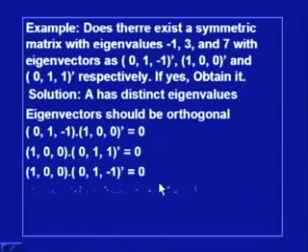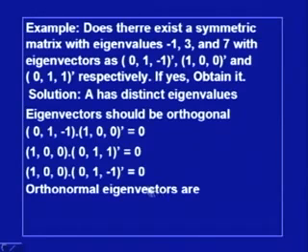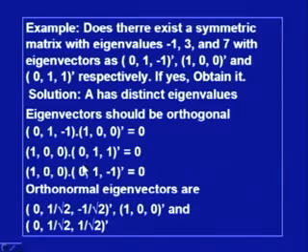So, that means there exists a matrix A which has these 3 eigenvalues and corresponding eigenvectors. The orthonormal eigenvectors corresponding to the given set are: (0, 1 by root 2, minus 1 by root 2) for the first one, (1, 0, 0) itself for the second one, and (0, 1 by root 2, 1 by root 2) for the third.